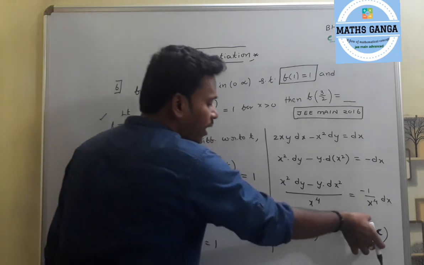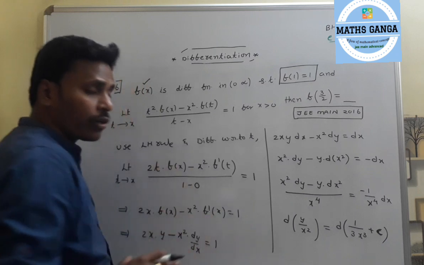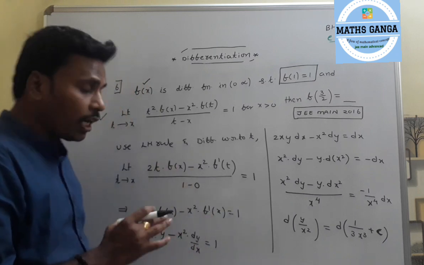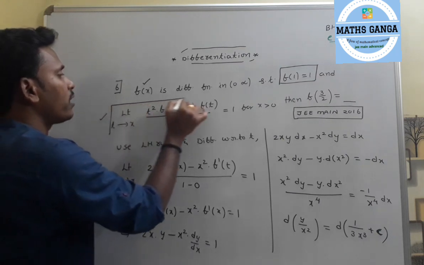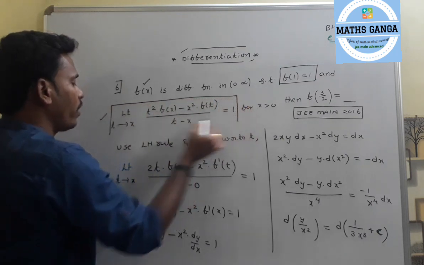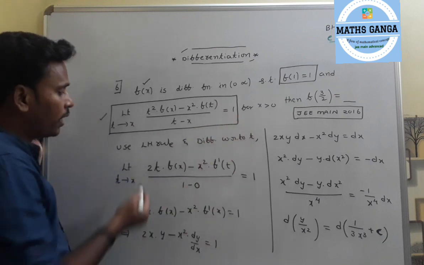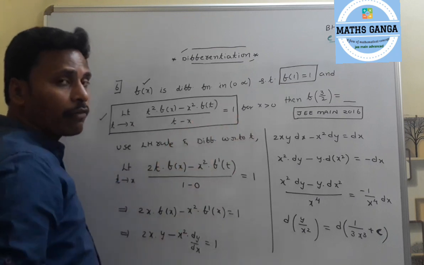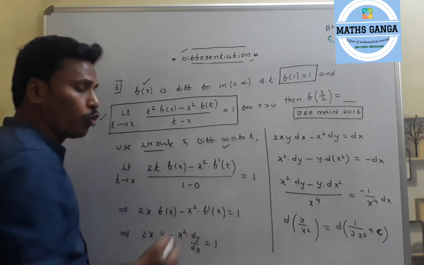You have the relation between these two. From there you will get the curve. I will erase this for space and then I will continue. Till now, just have a look. This limit, t tending to x, of t square into f of x minus x square into f of t by t minus x is equal to 1, is given. Direct substitution is generating an indeterminate form as I showed you. So use the L'Hospital rule and differentiate with respect to t.